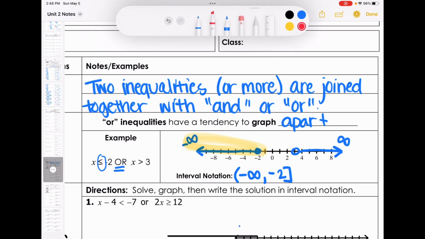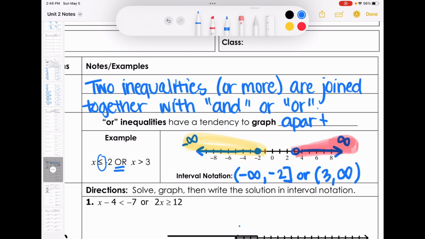And the second one is pointing to the right, which means it's going to positive infinity. So since it's an open circle on 3, I'm going to use a parentheses, comma, positive infinity with another parentheses. Now, in between these two inequalities, you're going to write the word or. And then that's how you would do the interval notation.